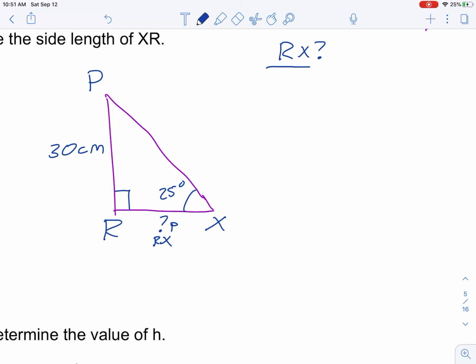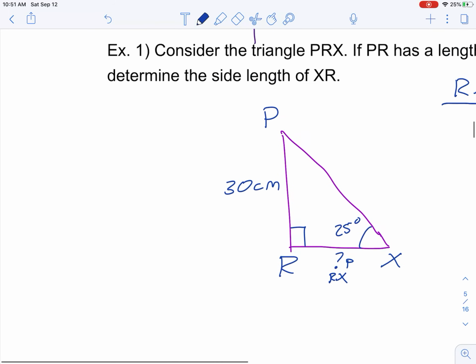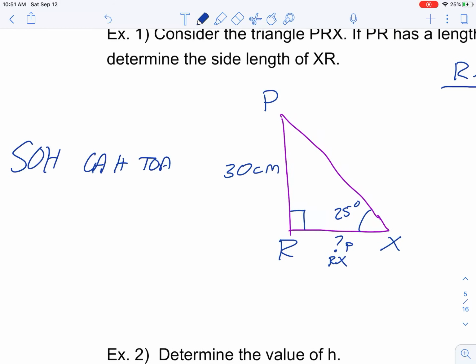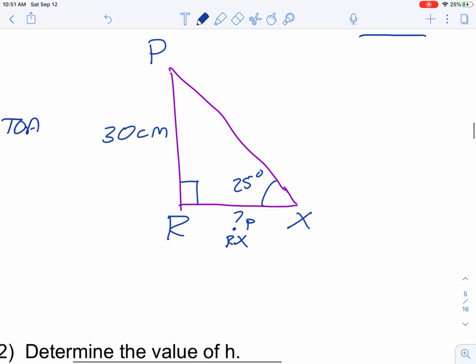Now, with trigonometry, you need to remember that you are going to have 3 different really important ratios: SOH CAH TOA. You have to know which ones to use.